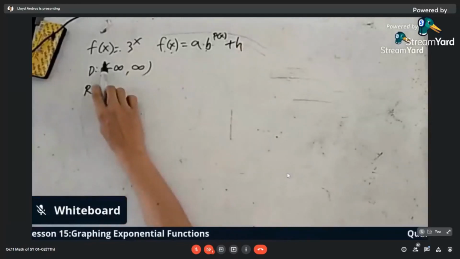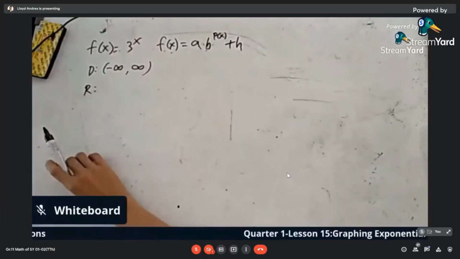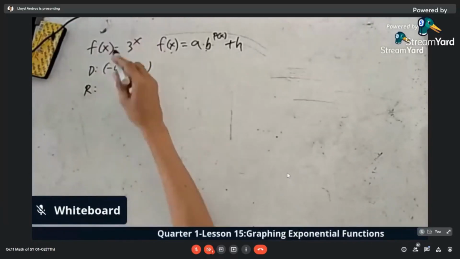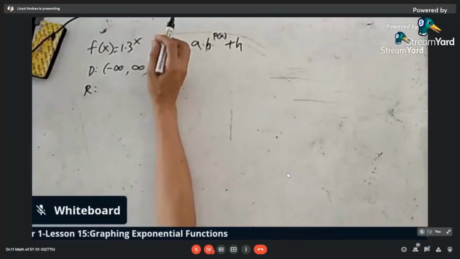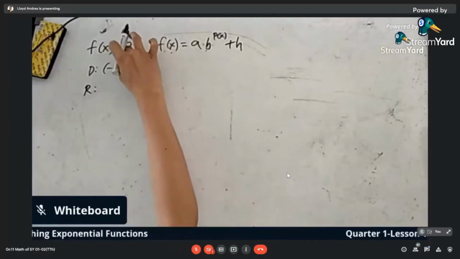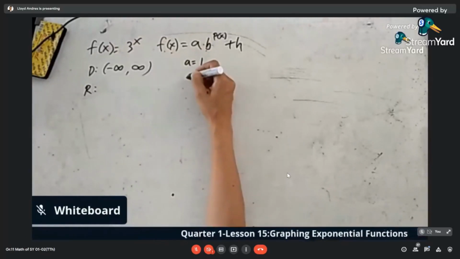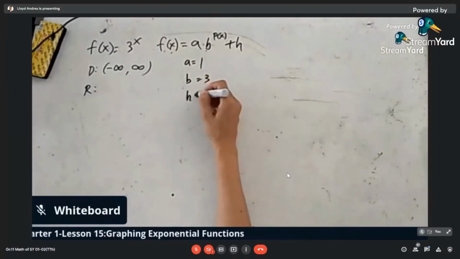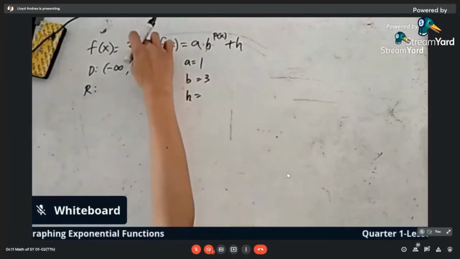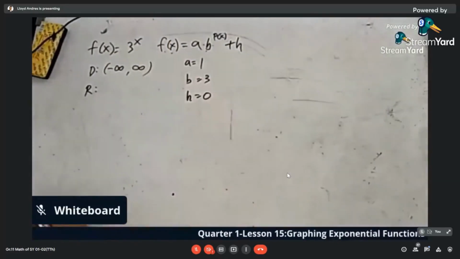In the given, A is the multiplier of your base. There is none written, but actually there is a 1, 1 times 3 raised to x. You just didn't write it. So A is 1. B is 3. And h is whatever is added or subtracted, and since there is none, h is 0.